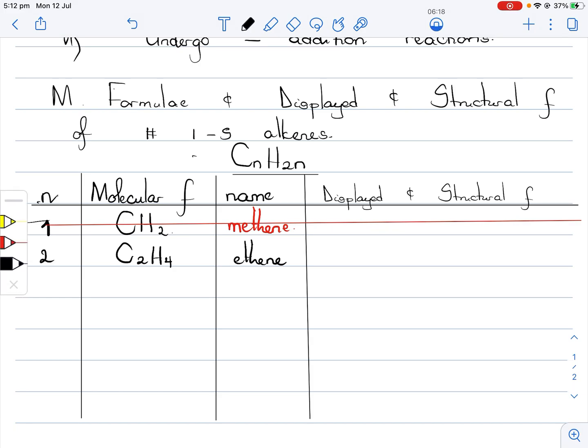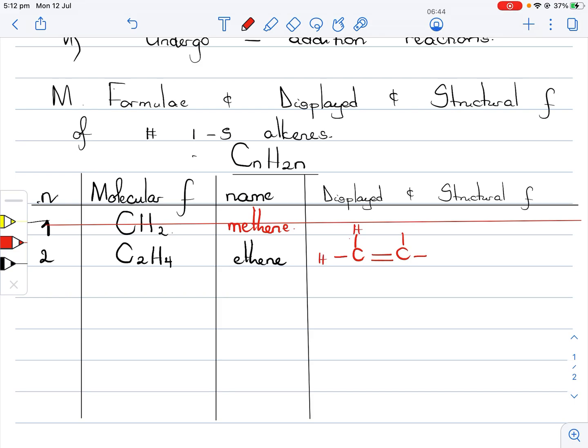So if I'm going to try and draw the displayed formula, first draw the 2 carbon atoms next to each other, and these 2 carbon atoms present in ethene are the ones that are going to be sharing the double bond. Then put bonds around the 2 carbons, ensuring that each carbon does not exceed 4 bonds.